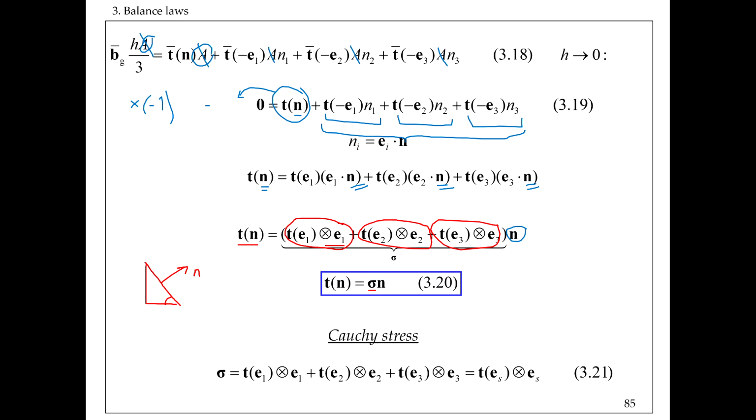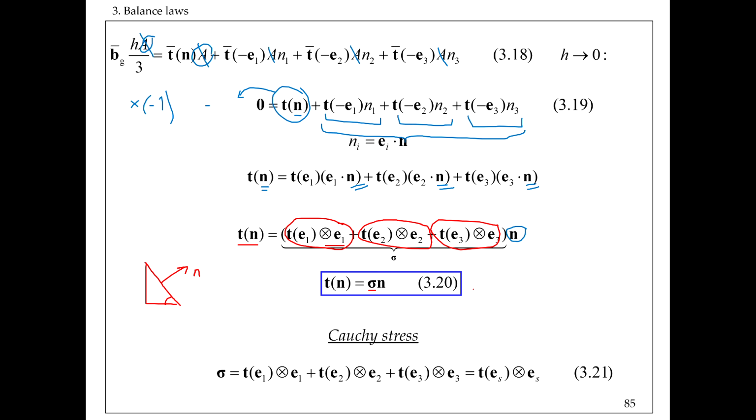All right, so at this point we'll just continue our detour of introducing Cauchy stress, but right after that, after we have looked into this and defined the Cauchy stress through this very important formula 320, we'll get back to our derivation of the linear momentum balance.